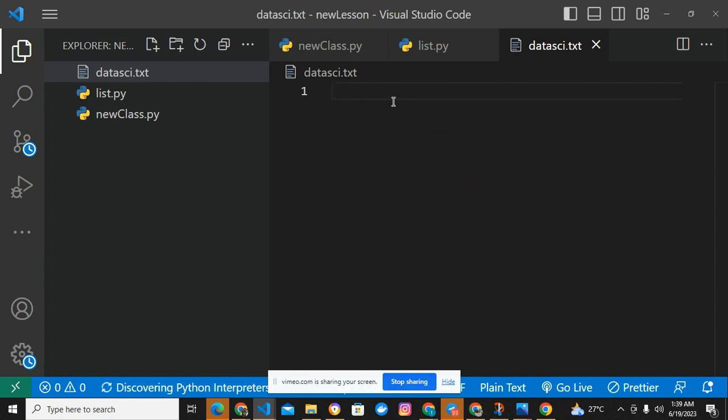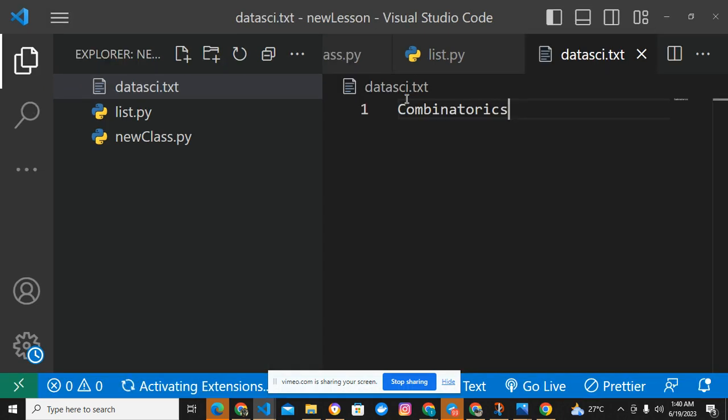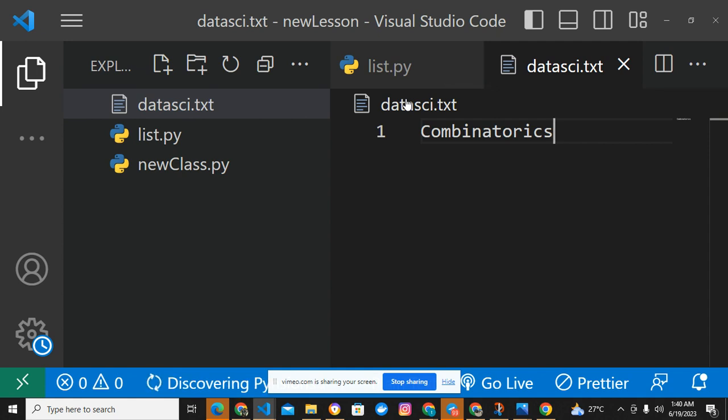So we're going to be dealing with combinatorics. My essence for using an IDE, an integrated development environment, is for me to be able to write something while I'm teaching.